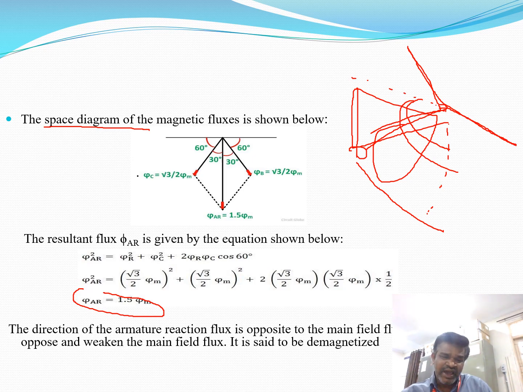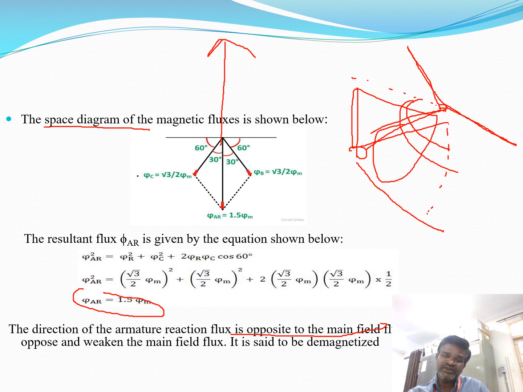So the direction of armature reaction flux is opposite to the main field flux. It means the main field flux, I consider EA, in this direction. After consideration of the lagging power factor effect, meaning my induced currents are 90 degrees lagging their respective phase voltages, the resultant flux is downwards.